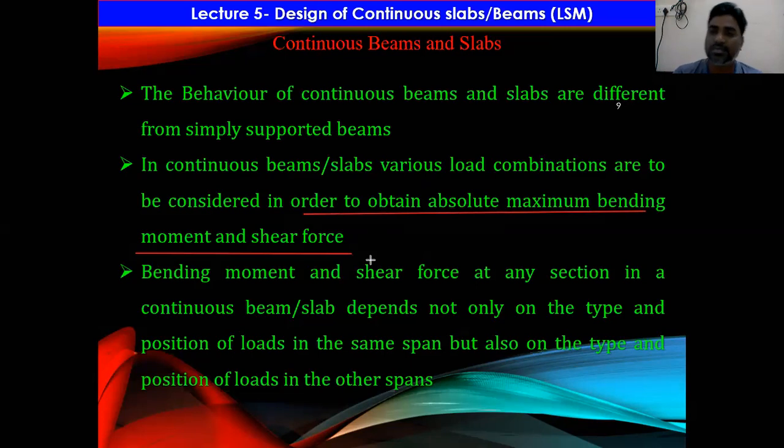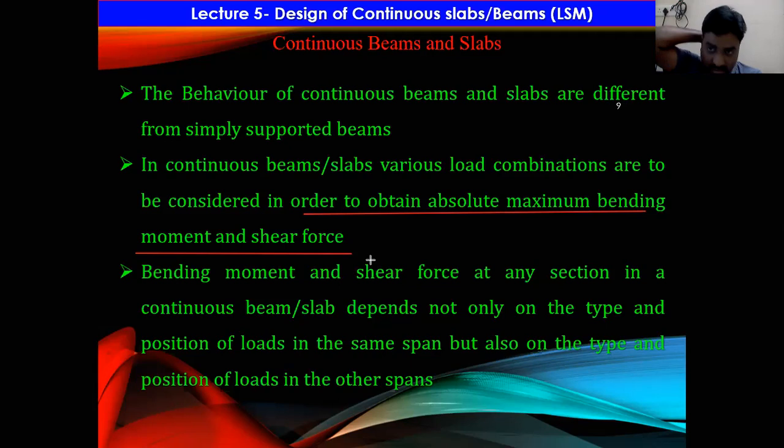See, in a simply supported beam, we directly apply the dead loads and live loads, right? So what happens in a continuous beam? Suppose this is a continuous beam, I'm just drawing it for example.